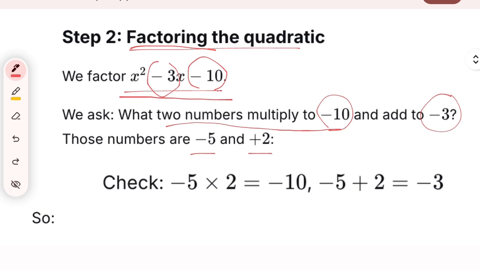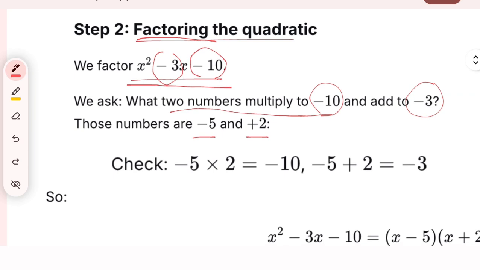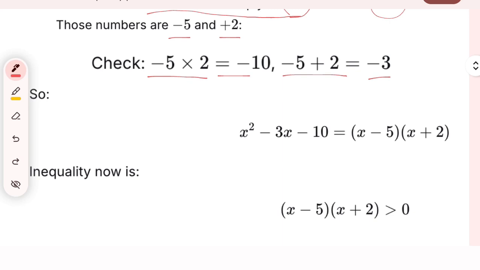All right, because when you multiply negative 5 and 2, it will give you negative 10. And when you add negative 5 to positive 2, the answer is negative 3, which is the middle term. So we have negative 5 times 2 is negative 10, and negative 5 plus 2 is negative 3. All right.